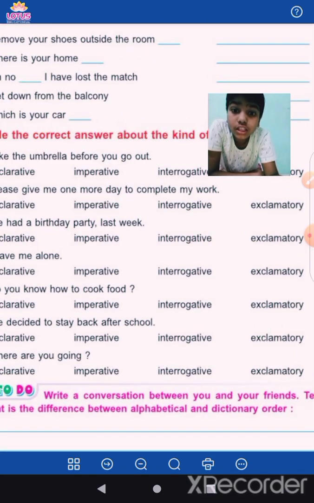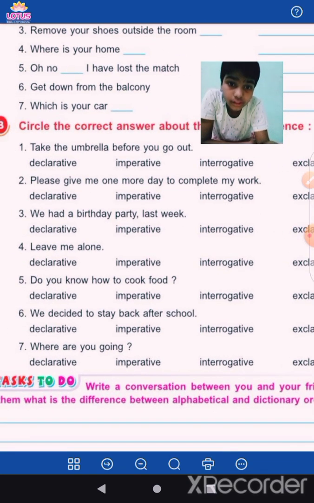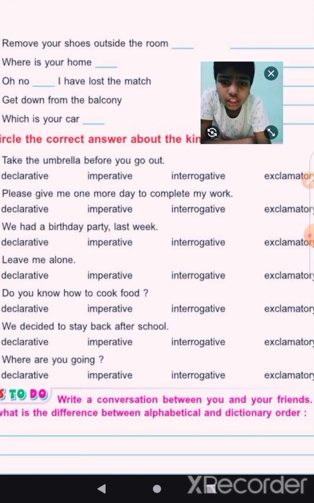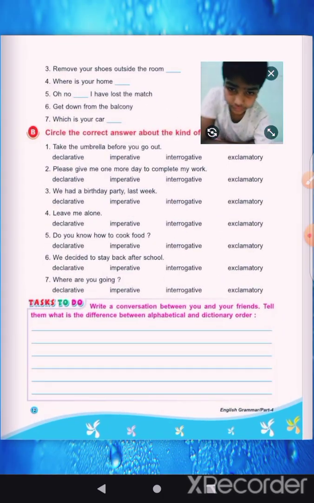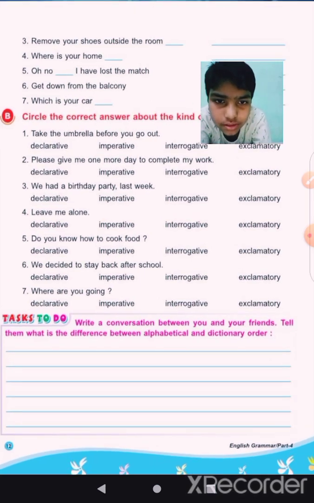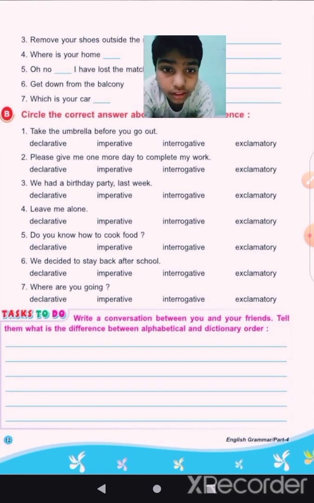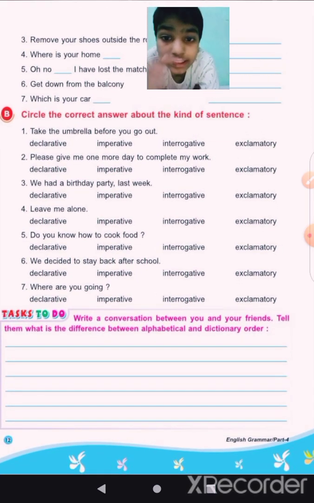Circle the correct kind of sentence. You have to do all this; I will only do this. Tick the correct answers for you. Take an umbrella. What kind of sentence is it? Take an umbrella before you go out. Is it declarative or imperative? Tell me. Find out. Please give me one more day to complete my work.